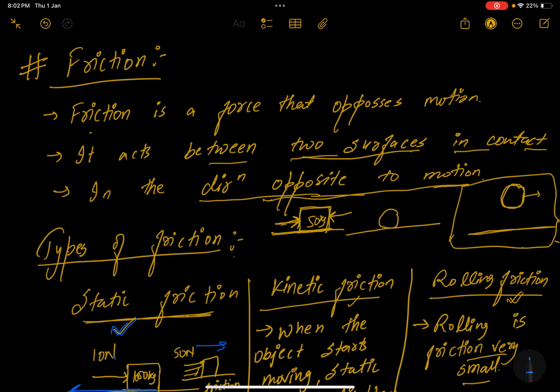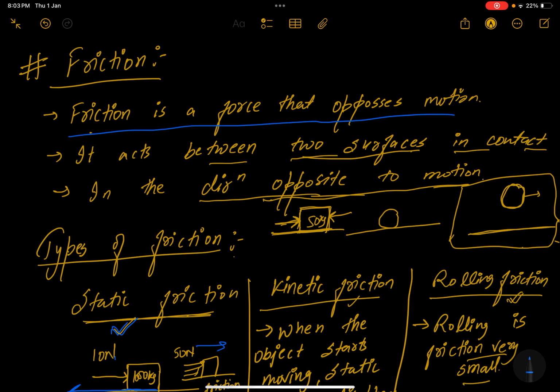If there is friction, then if I roll a ball or I move any object, it will stop because friction tries to oppose the motion. So the very basic definition of friction is a force that opposes motion or relative motion. When we move an object, it will stop after some time because there must be some force acting opposite to it.